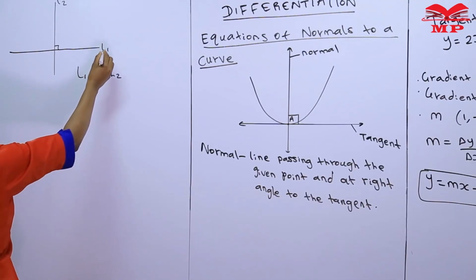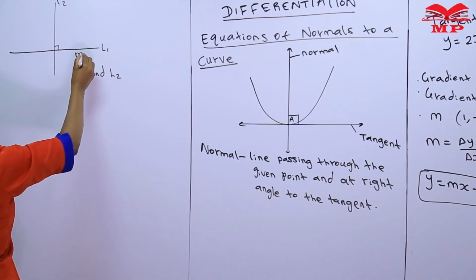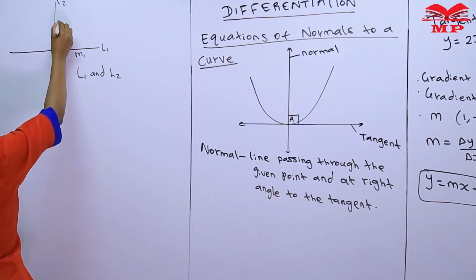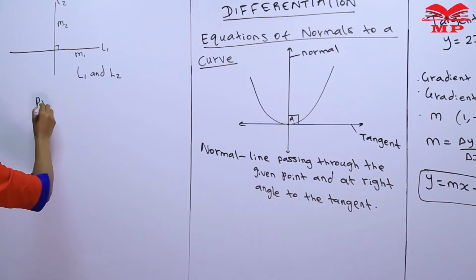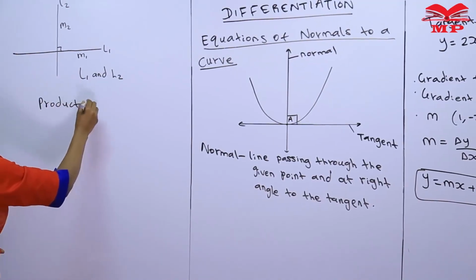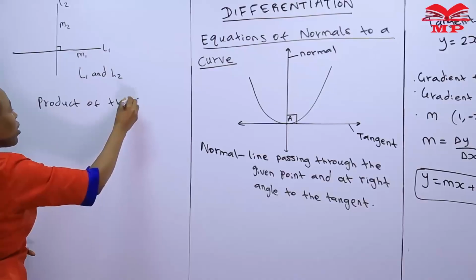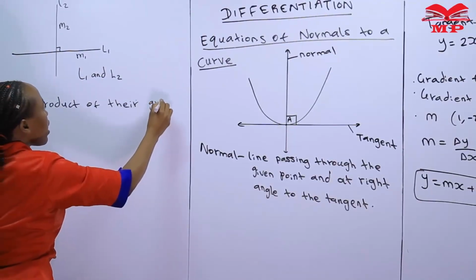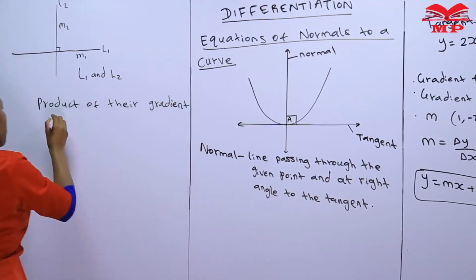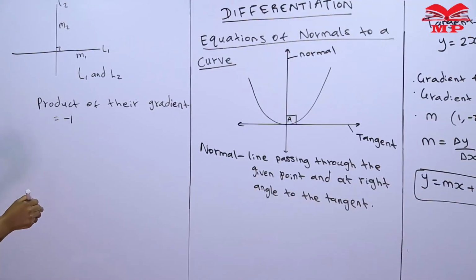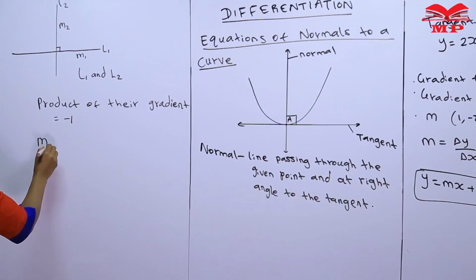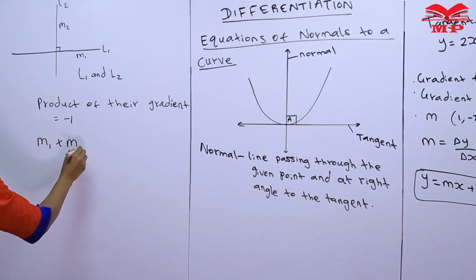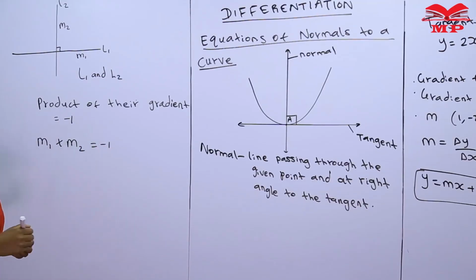If we have the gradient of line 1 as M1 and the gradient of line 2 as M2, then in the equations of a straight line, the product of the gradients should be equal to -1. That is for perpendicular lines. So M1 multiplied by M2 is equal to -1.